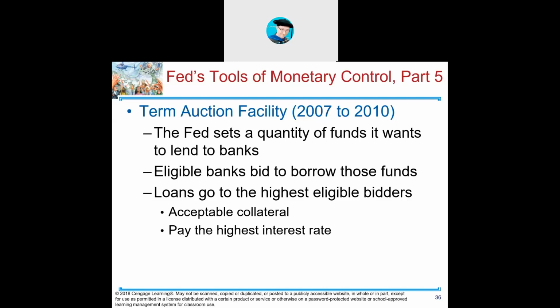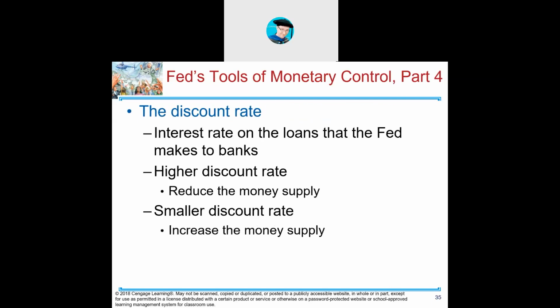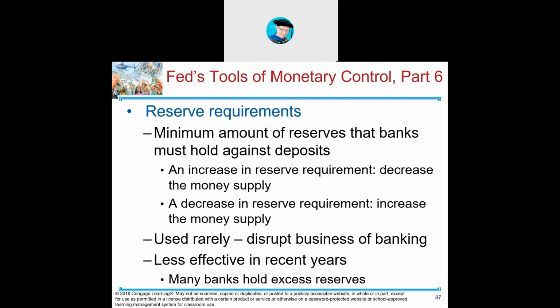Like I'd have an offer from the bank: I'll repay the $10,000 and I'll give you 6% interest. The next one would come in, 7% interest, 8% interest, 9% interest. And the banks with the highest interest rate were the ones that received that loan from the Fed. It's kind of funny how that worked. But again, my personal opinion, I don't think it worked out as well as it probably could have.